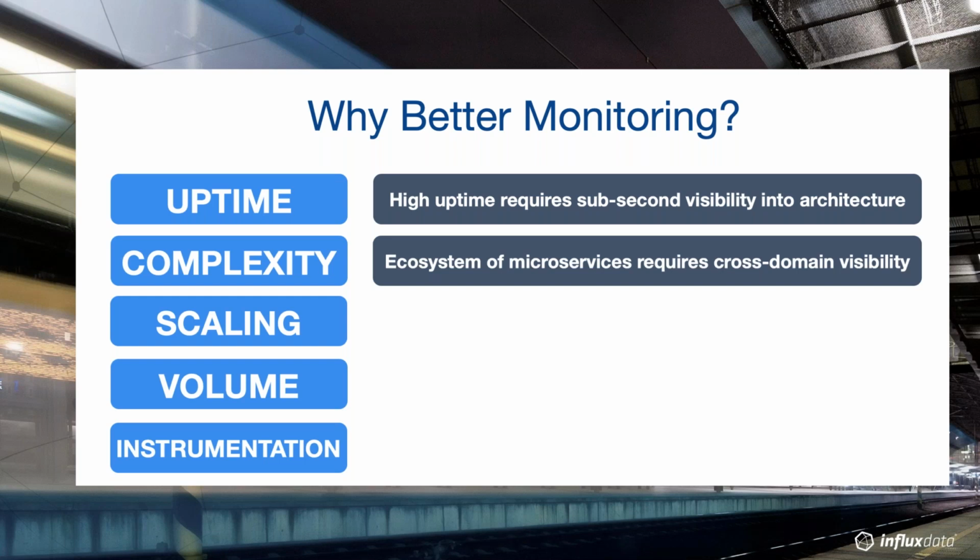The complexity of the ecosystem of microservices is high because one microservice could be dependent upon one, two, or even a dozen services and APIs under the covers, and it could require cross-domain visibility. So one IT team could be working on one microservice, but they might be dependent upon other services published by other IT teams.